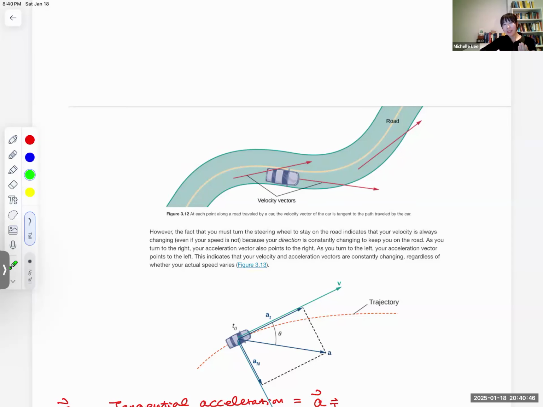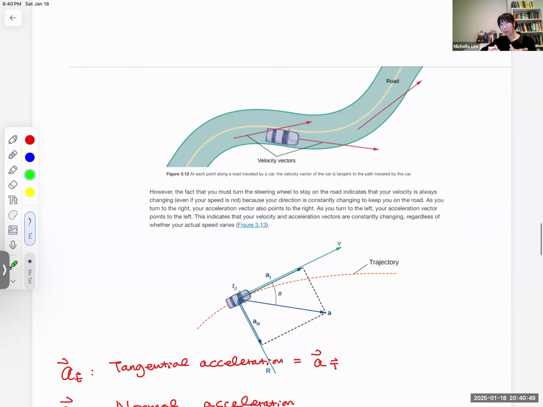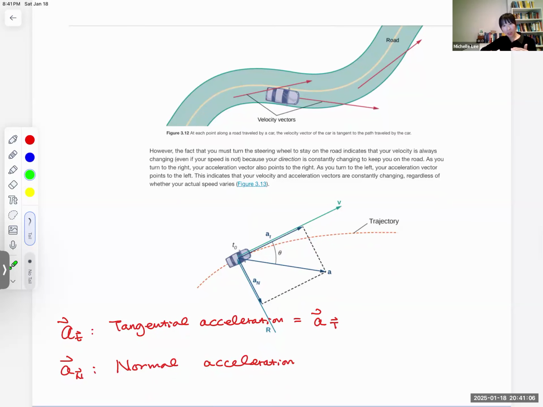Then we talked about the tangent vector before, right? Think about the tangent line, which touches the graph, but it's a vector. So it goes in the same direction as the particle. We have acceleration because the car is moving with acceleration. Going in this direction, we say tangential acceleration, and we indicate it as a sub t, the t from the tangent vector.